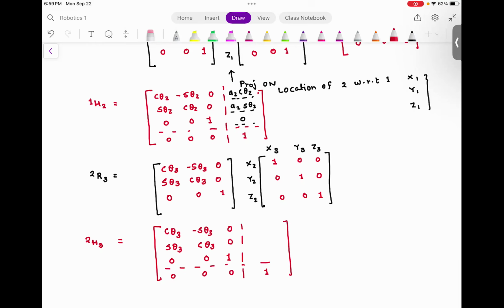and then here, the distance between frame 3 and frame 2 along x2, along y2, along z2.